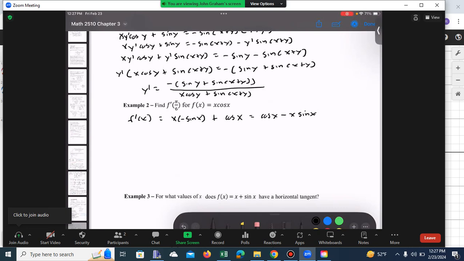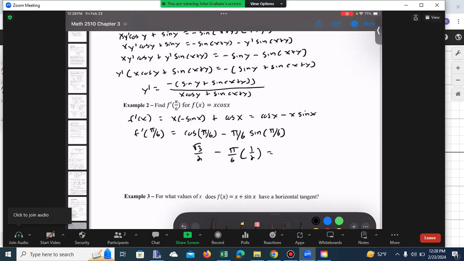Now we evaluate it at pi over 6. We'll have cosine of pi over 6 minus pi over 6 sine pi over 6. Okay. This is something that will be on the unit circle. Cosine of pi over 6 is square root of 3 over 2 minus pi over 6, and sine of pi over 6 is 1/2.